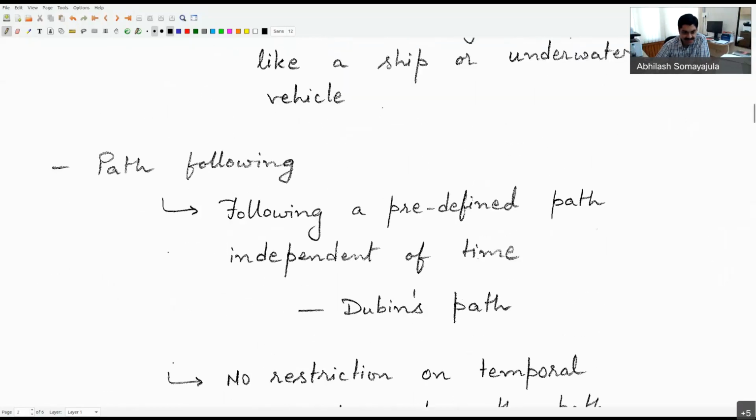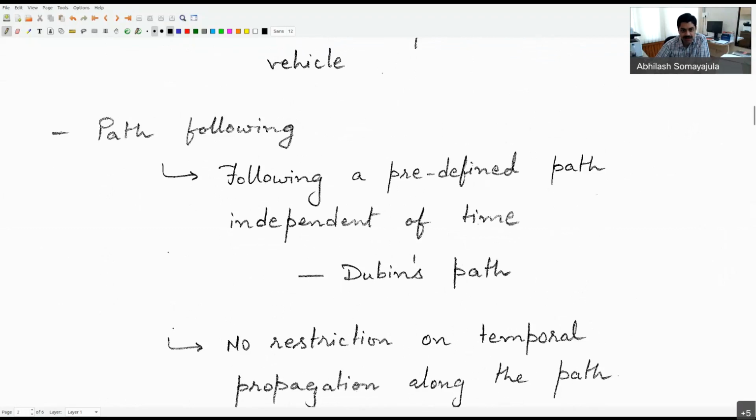Okay, the next one is called path following. Here what we mean is that we are following a predefined path that is independent of time. So in the trajectory tracking problem, I wanted it to follow a path in a specified time, and I wanted its location to be at a specified location at a particular time instant.